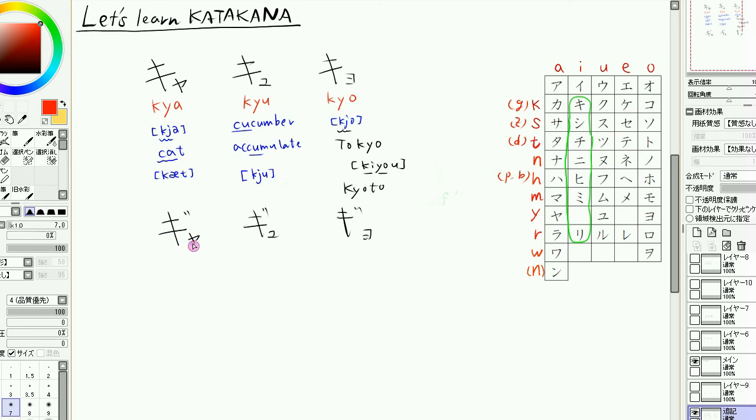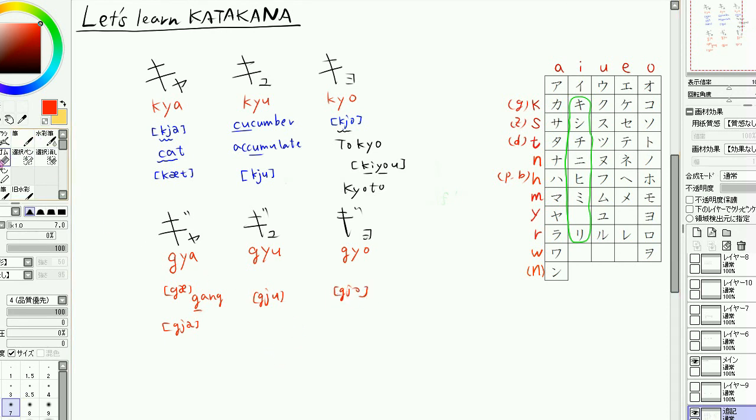So it's gia, gya, gyu, gyo. Gya is very near to the ga sound. For example, maybe gang. But theoretically, it should be expressed as maybe this, gya, gyu, and gyo.